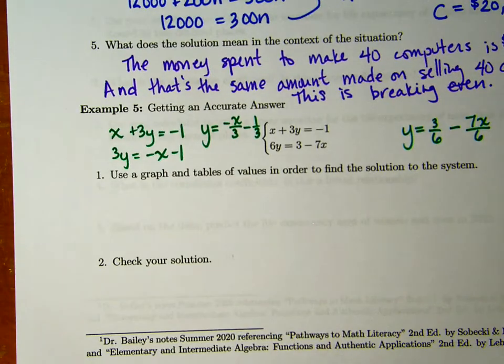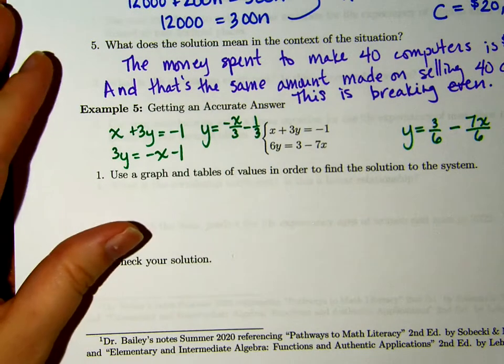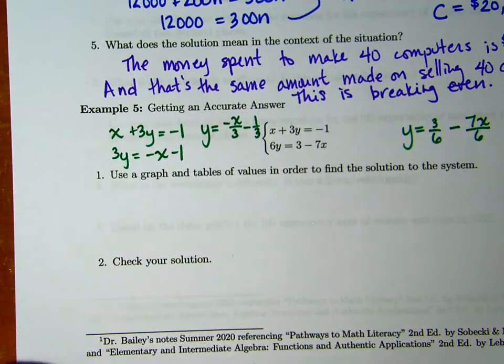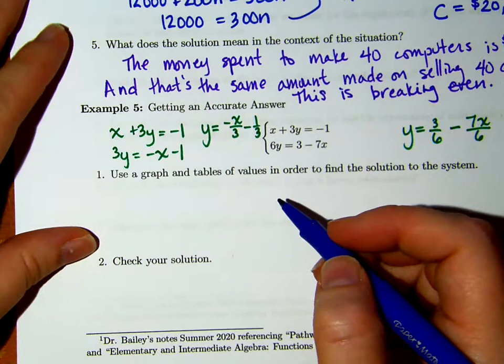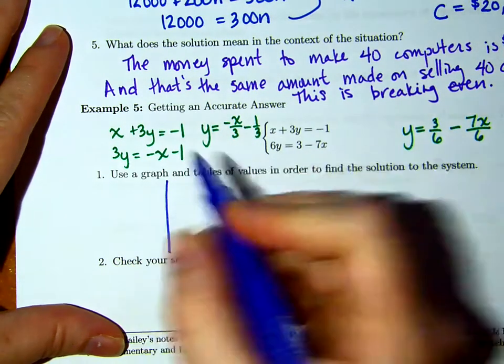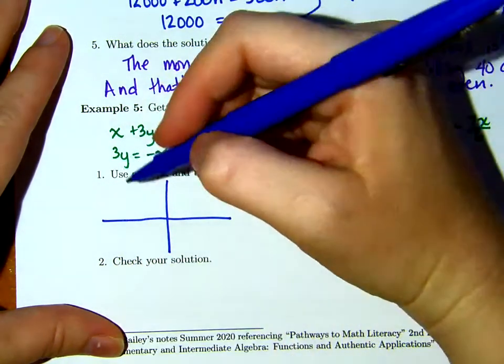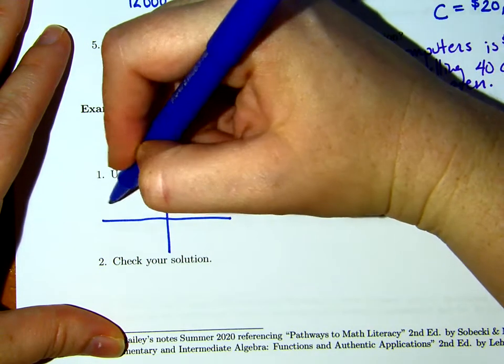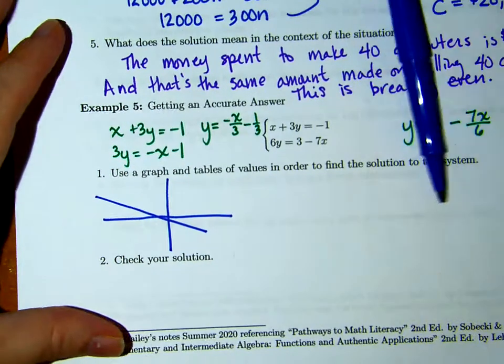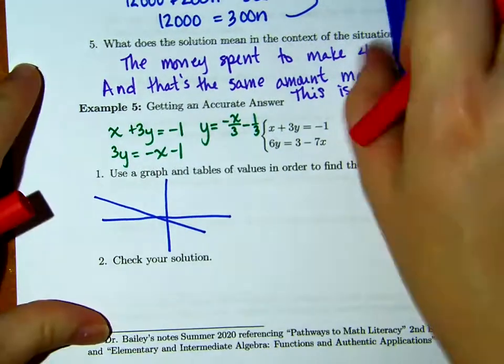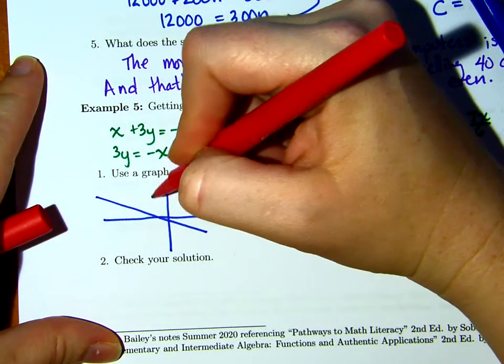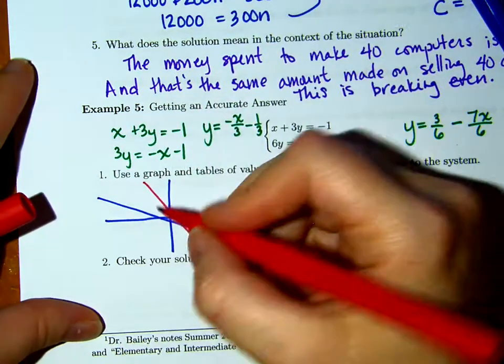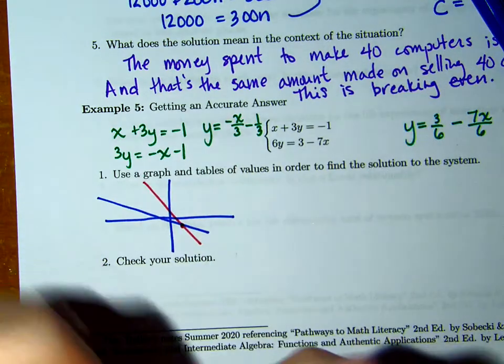Let's do it quick. A couple of good things are happening. First, I went ahead and did the graph first. It looked a little bit like this, and they met here.